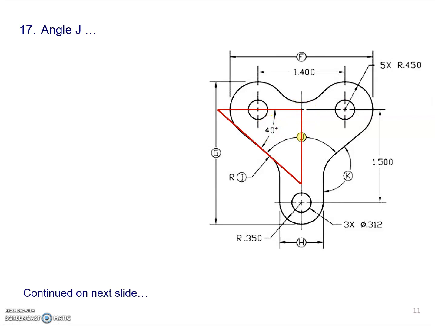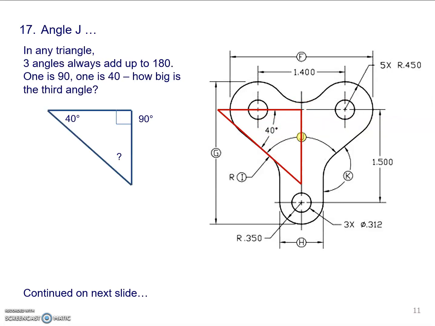So we could make a triangle here. We have a right triangle. One angle is 90 degrees, the other angle is 40 degrees, and in any triangle, the 3 angles always add up to 180. So if you've got 90 and 40, what does the third angle have to be?